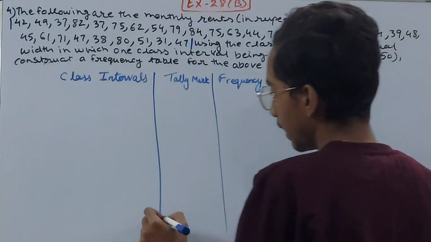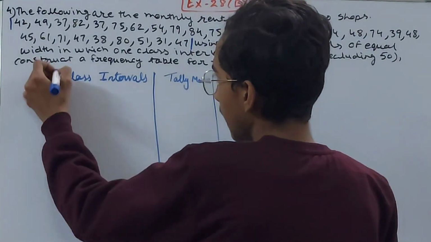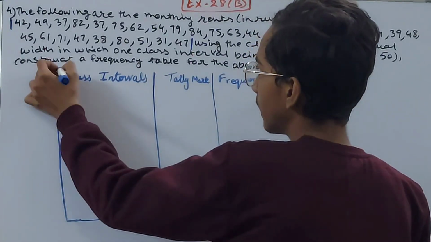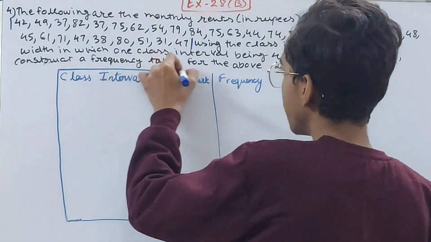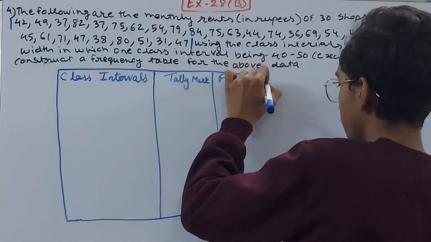So you can see not much has changed, right? Only the different thing is that in place of the observation that we did, now we have the class interval. We will be grouping the data into class intervals, right?